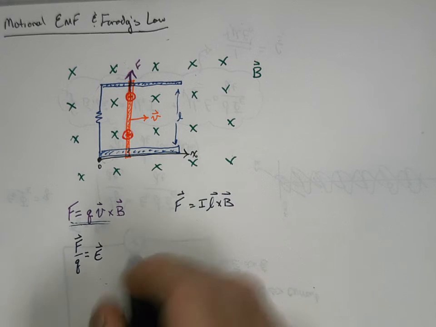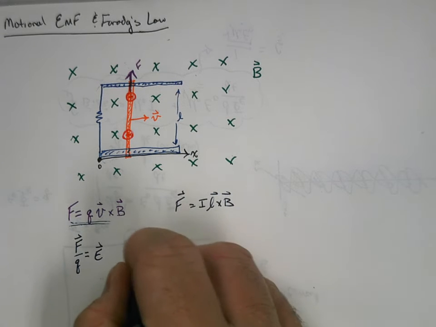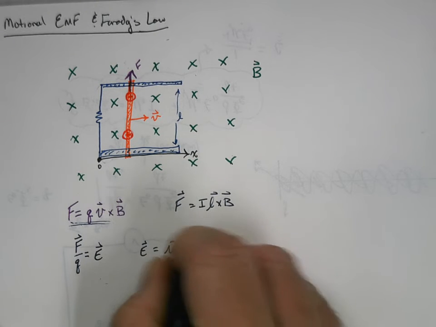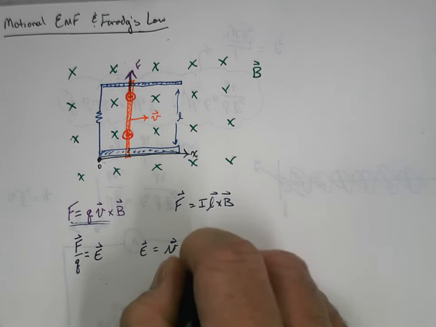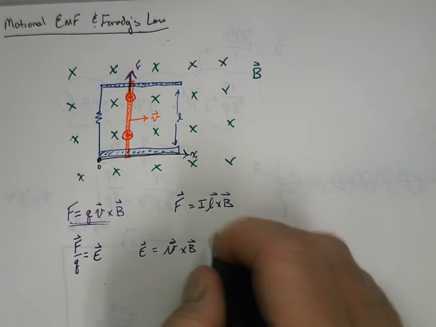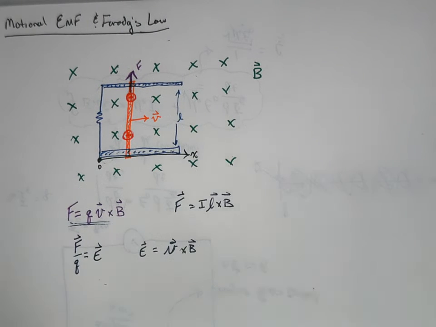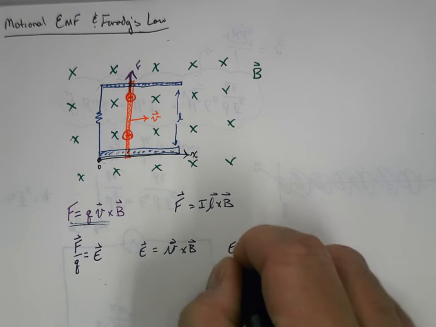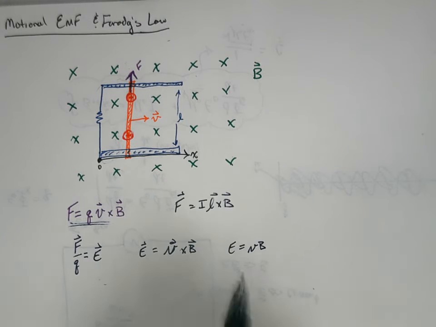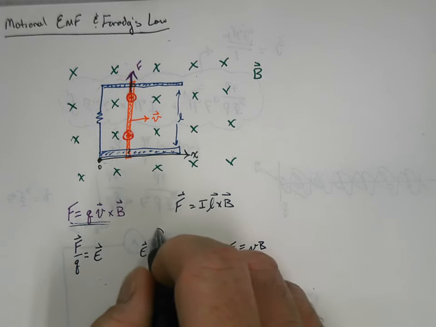All of a sudden we have an electric field equals V cross B. Or, since they're all perpendicular to each other, we don't have anything at funky angles, our electric field equals our velocity times our magnetic field.